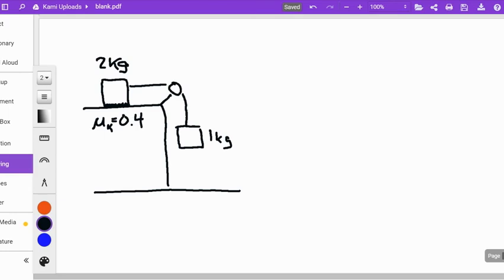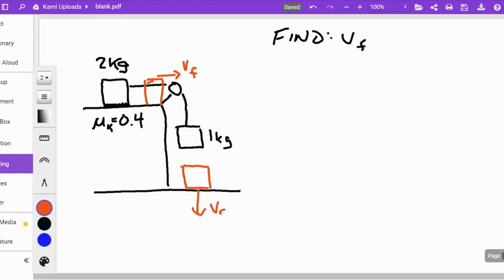We're really going to go for the same question here. We want to find the final velocity of the system. What we're looking for is to see this top object slide forward, and it's going to have some final velocity. Then this bottom block is going to slide down or fall down, and just before it hits the ground, it's going to have a final velocity too.